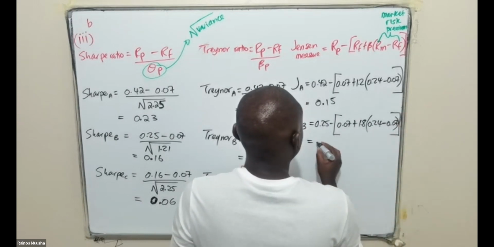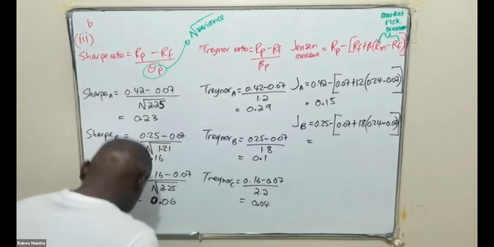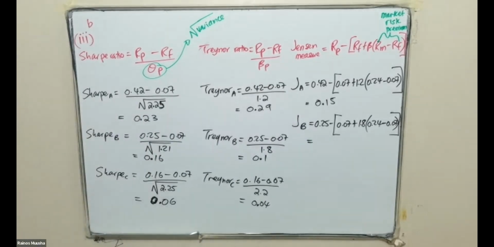So given this information, what is your Jensen measure for portfolio B? Negative 0.126 or negative 0.13.